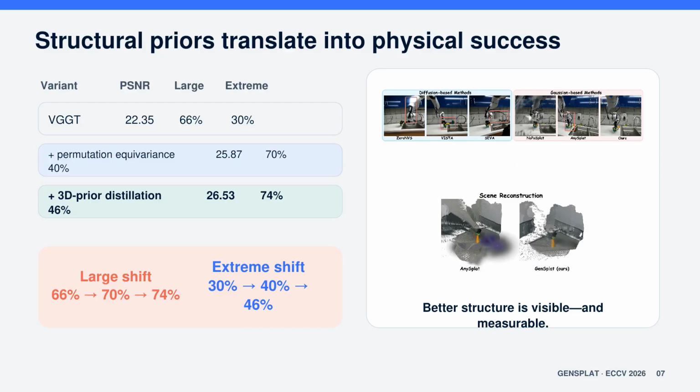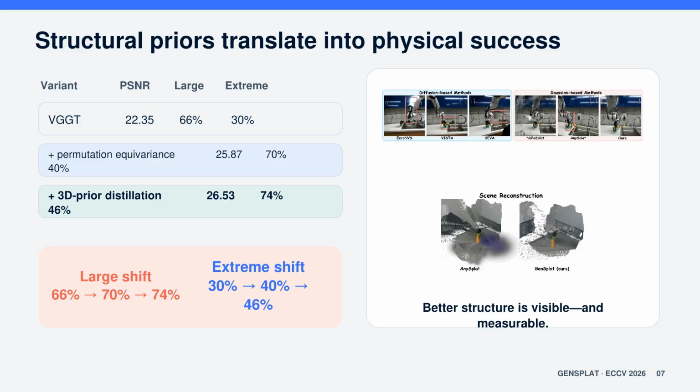Adding 3-dimensional prior distillation produces the full model, reaching 74% under large shifts and 46% under extreme shifts. Rendering metrics move in the same direction. PSNR improves from 22.35 to 26.53, while LPIPS decreases from 6.01 to 3.72.